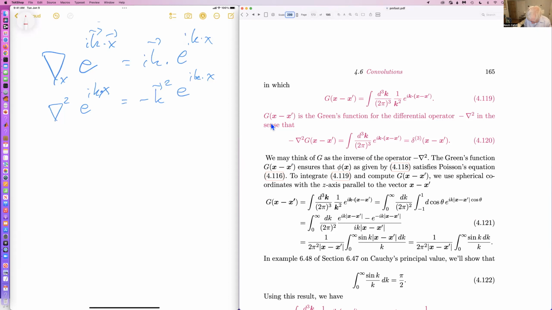And I don't know quite how he thought of the thing. In modern, post-Dirac terms, this Green's function is defined by minus Laplacian on the Green's function gives you the delta function.